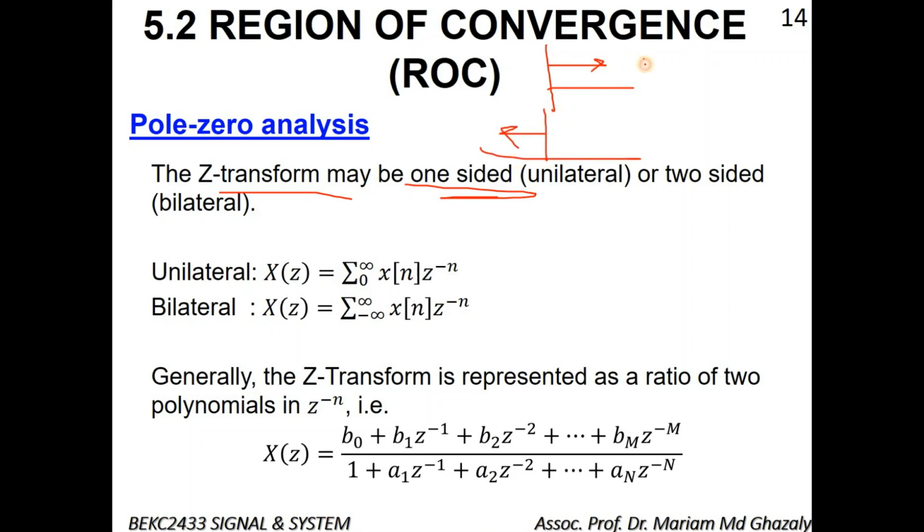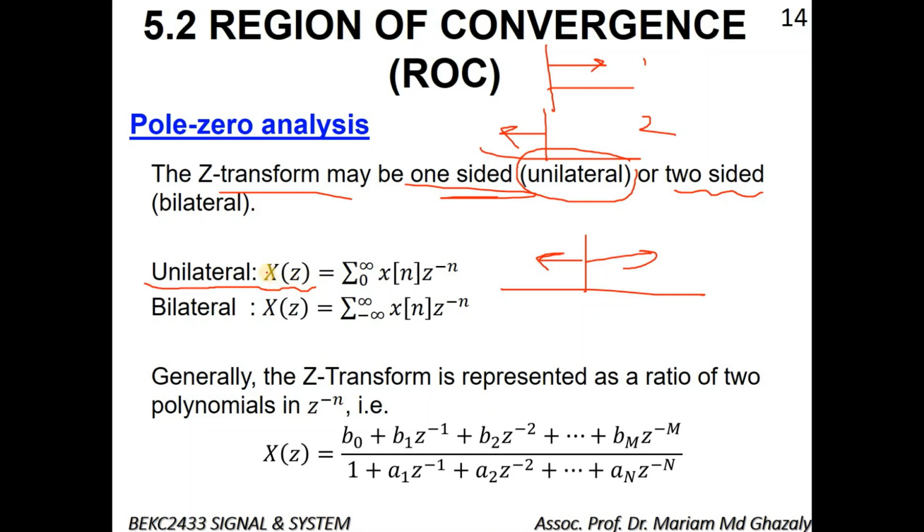These are named unilateral, meaning one-sided only. The second one is the two-sided sequence, meaning you have both positive and negative sides. This is what we call the bilateral signal. So let's see how the equation looks for the unilateral signal.